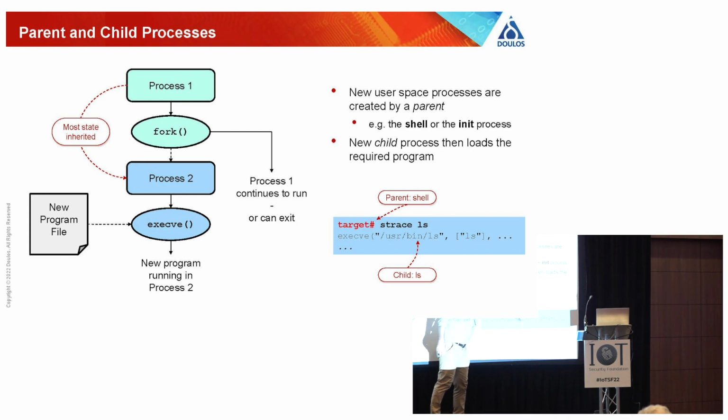And if you strace ls, for example, the first line is execve. It shows us that the first thing that's been done is that the binary /usr/bin/ls has been loaded into that child process. So we have system calls, which is how user space and the kernel interact, and we have the concept of a parent and a child process.